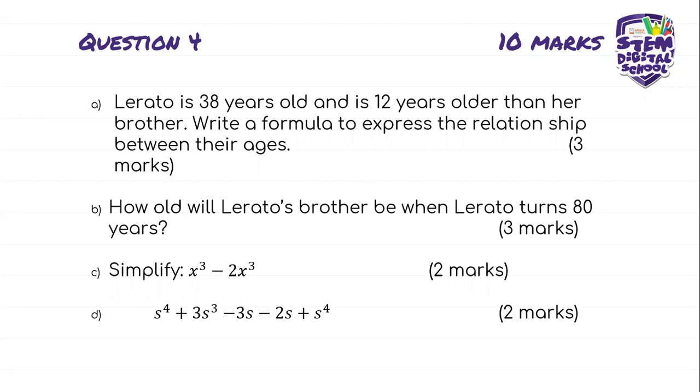Now we are proceeding to C, where we just simplify. Let's just simplify the two quickly. We are just simplifying x to the power of 3 minus 2x to the power of 3.